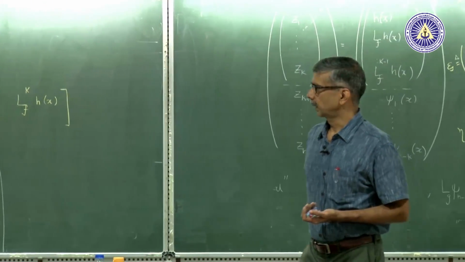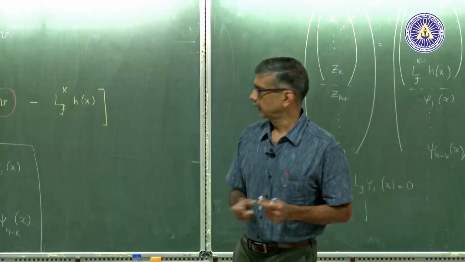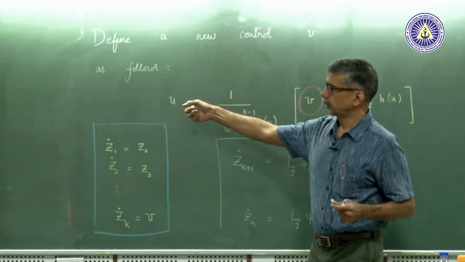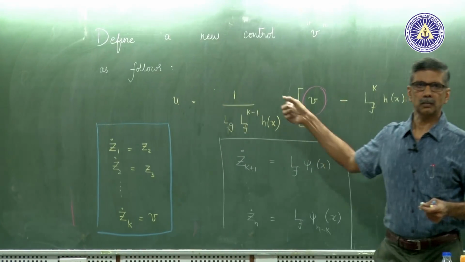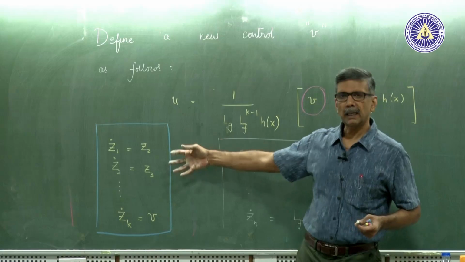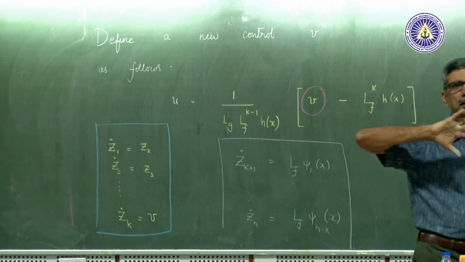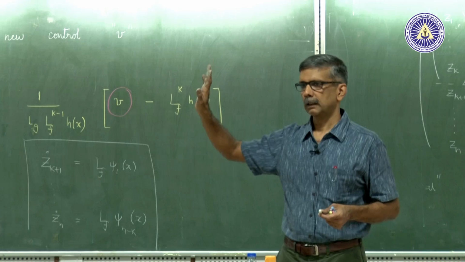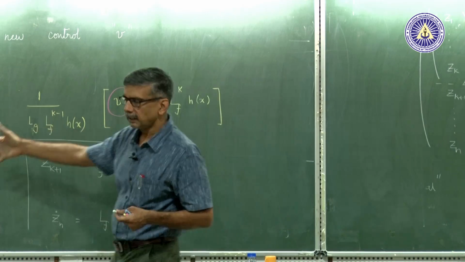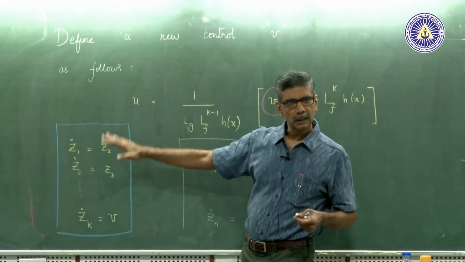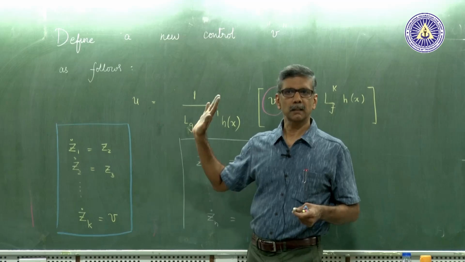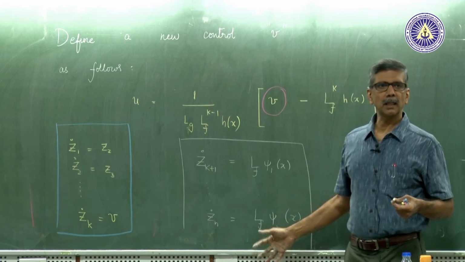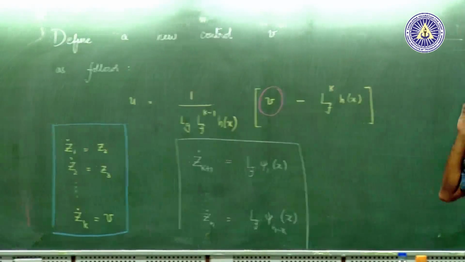Right? So what have we done? By using an input of this form, we have cancelled k of the state nonlinearities and rendered k of the states linear, whereas the remaining are still nonlinear.